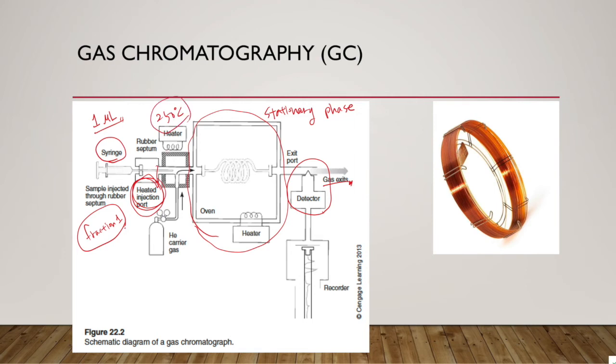But we know hexane's boiling point is about 69 degrees, which means as soon as the sample is injected, this liquid, the hexane, is going to vaporize and stay as gas molecules in the injection port.